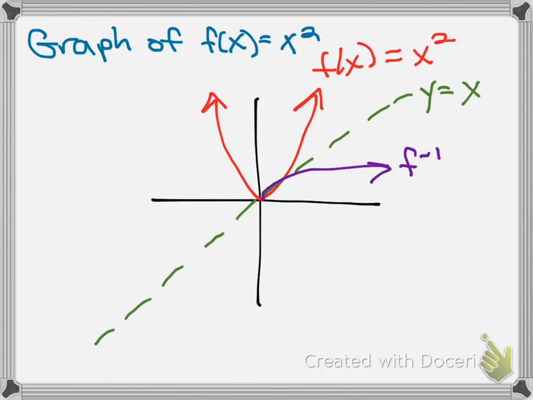So here's what we're going to call f inverse. And of course the inverse function, if our original function is x squared, is just the square root function. So when we're talking about the graph of a square root function, we're only referring to this single branch right here. And again, the reason we only talk about that positive branch is so that we force it to actually be a function.